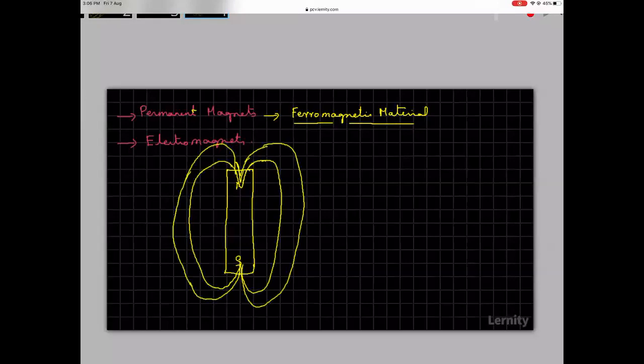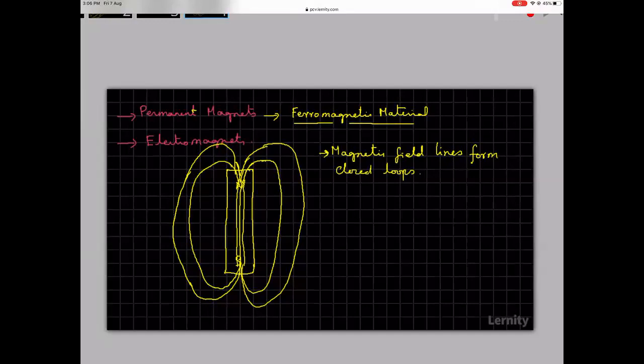The lines continue to move here, and this is the whole thing. So unlike electric fields, which don't form closed loops, magnetic field lines form closed loops.